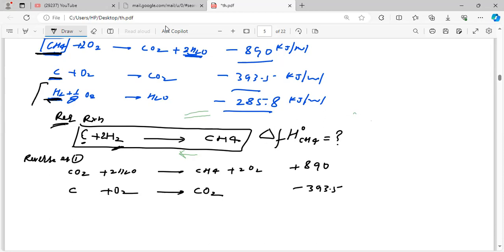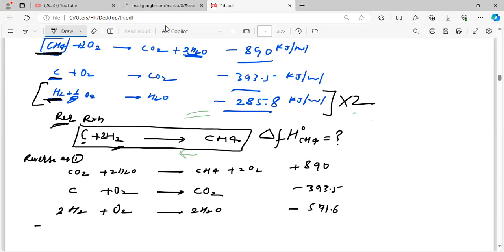So we multiply by 2, giving 2H2 plus O2 gives 2H2O. When you multiply, the value also gets multiplied.